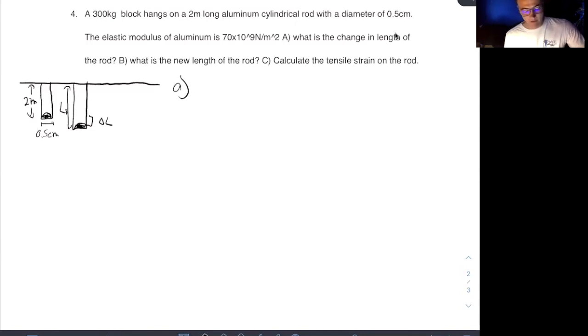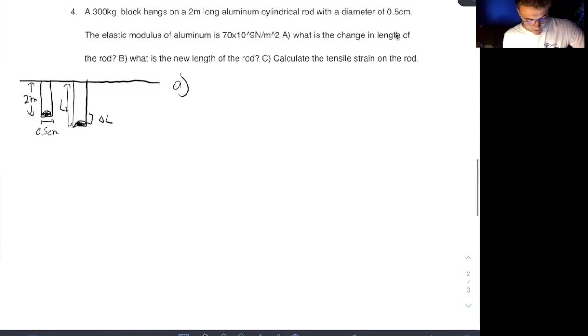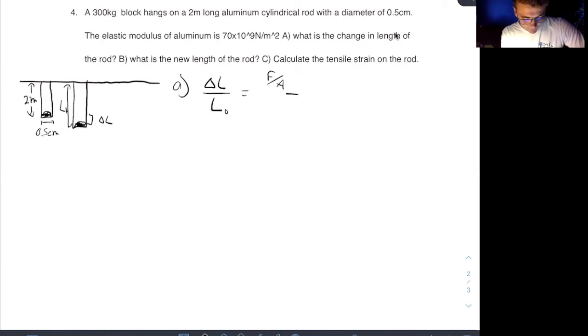We have an equation that'll help us do that. So we have delta L over the initial length of the rod equals the force exerted on the rod divided by the area, like the area of the cylinder, divided by this constant, the elastic modulus.